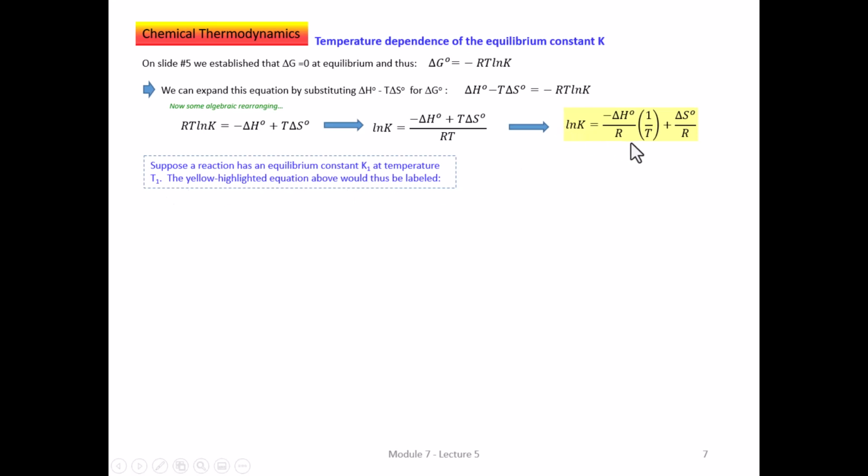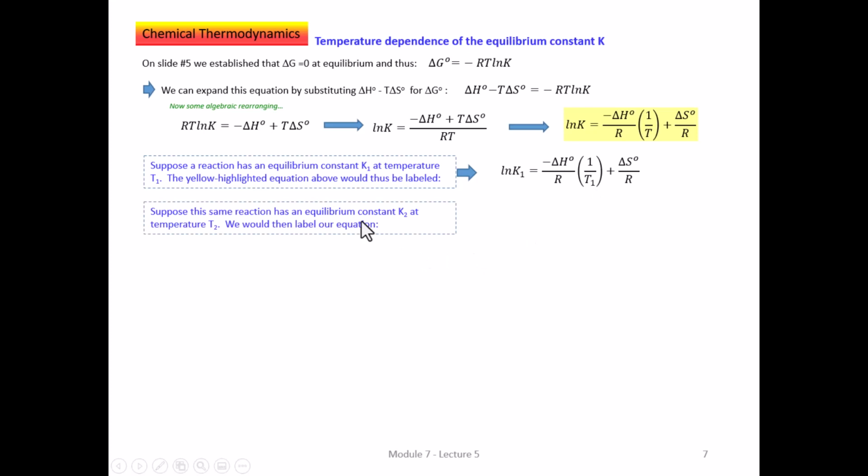So if we rewrite this equation in the yellow box here, with those labels, we have ln of K1 at T1. And then suppose this same reaction has a different equilibrium constant, K2, at a different temperature, T2. The equation describing that situation, of course, would be ln of K2 equal to everything on the right side here with the temperature labeled T2.